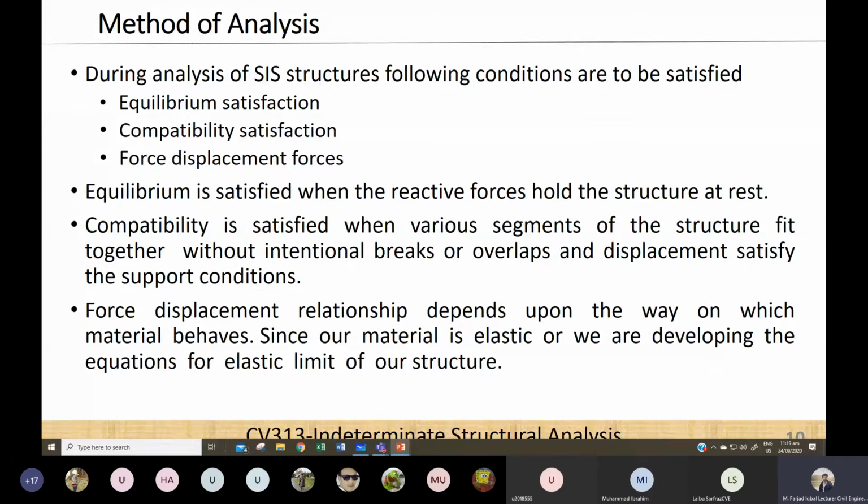The basic conditions that we need to satisfy during the analysis of a statically indeterminate structure are the equilibrium condition, the compatibility condition, and the force displacement conditions. We have discussed the equilibrium conditions and how we can satisfy them: sigma Fx is equal to 0, Fy is equal to 0, moment is equal to 0. We have to satisfy that, and the compatibility conditions as well.